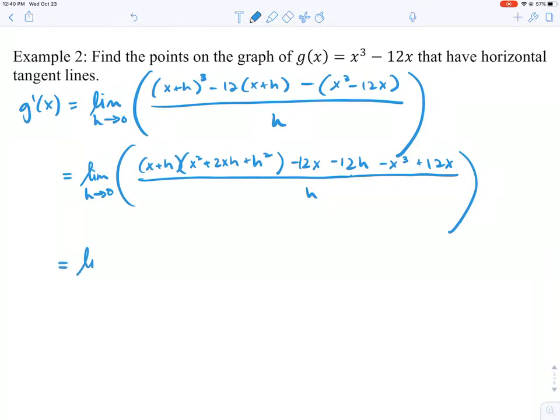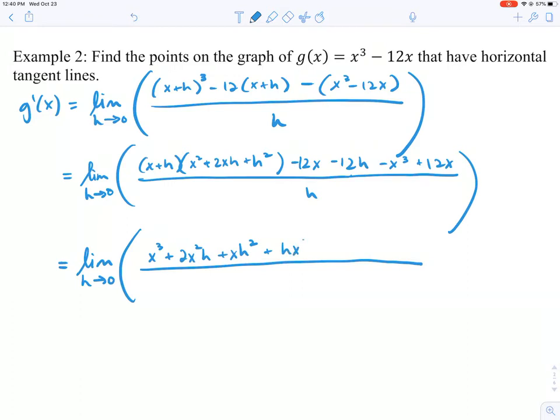And then I still need to finish multiplying out that first product. Okay, so that'll give me x cubed plus 2x squared times h plus x times h squared plus h times x squared plus 2x h squared plus h cubed, and then minus 12x minus 12h minus x cubed plus 12x.